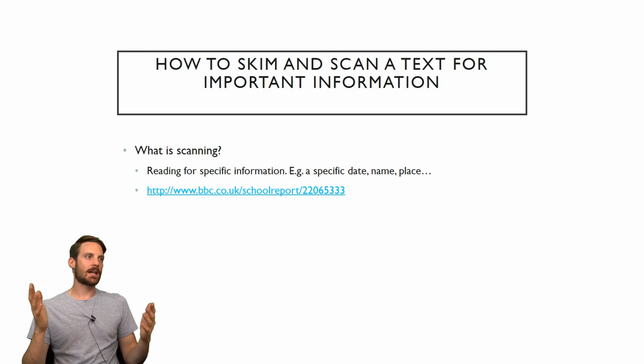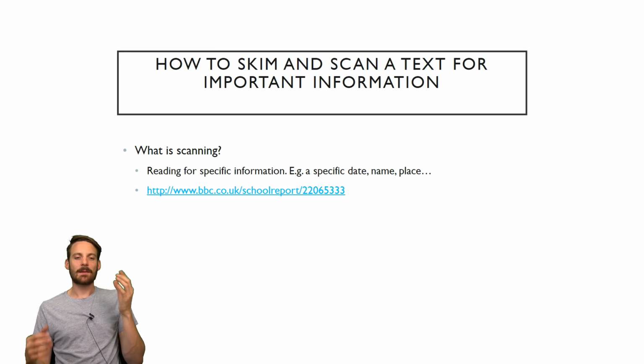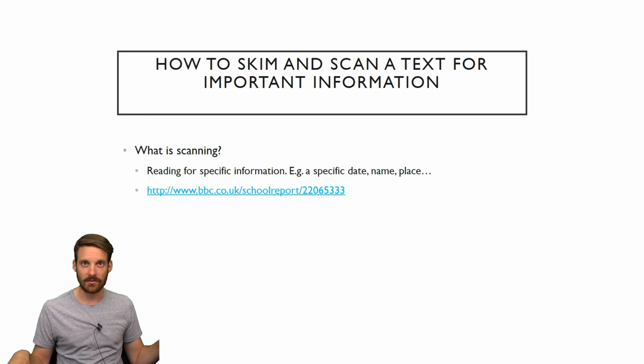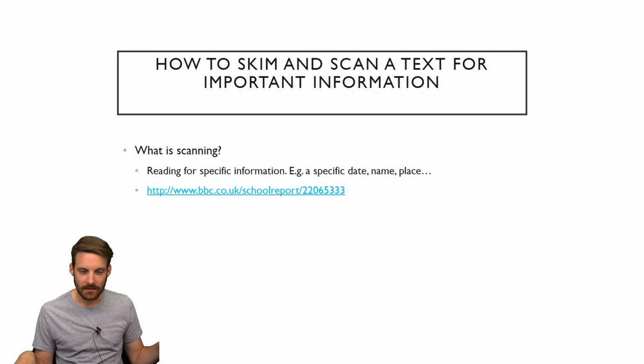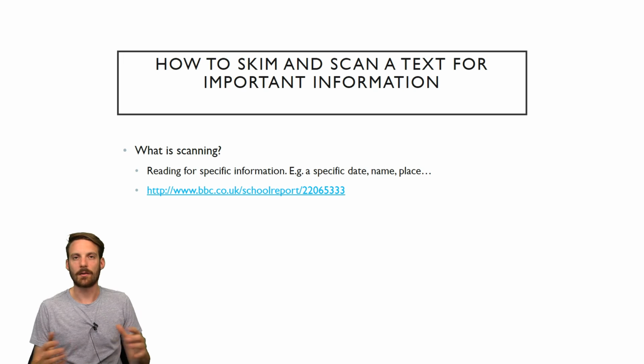So if you have a date, numbers, names, places, it can be best explained if there is a question, for example, in a history test, which asks you when was this dictator born?